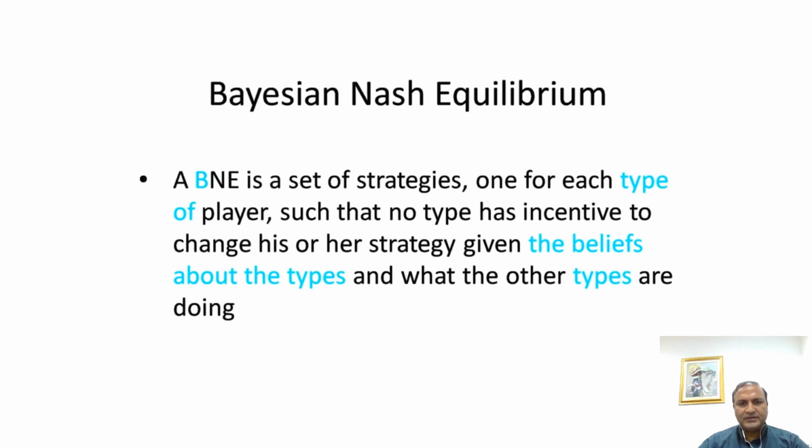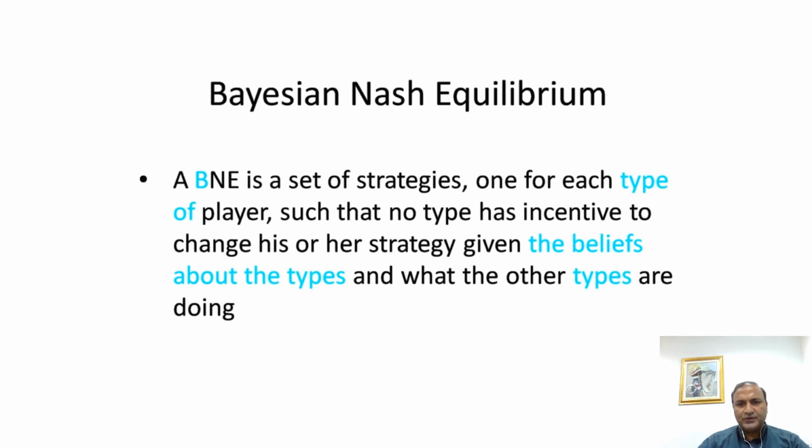Remember, there is some uncertainty, some incomplete information, and so we have types of player. We have to specify the strategy for each type of player such that no type has an incentive to change his or her strategy. Same as Nash equilibrium, there is no incentive for each type of player, given the beliefs about the types.